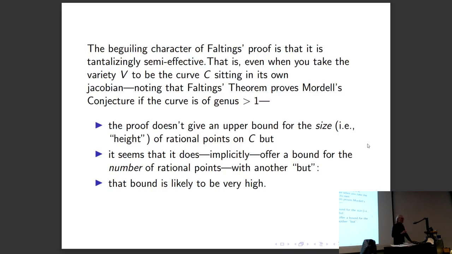But I don't know. I should ask the experts in the audience. Has anybody given an explicit bound? If you have an explicit bound for something that's so large, nobody actually bothers to write and print the explicit bound.